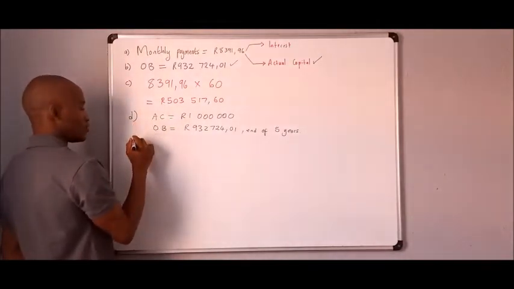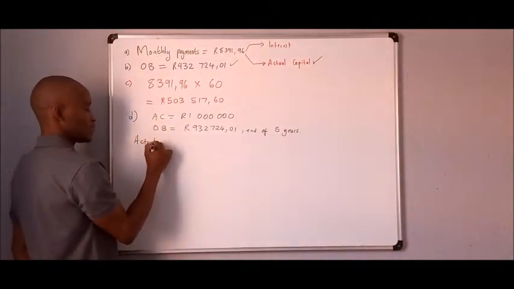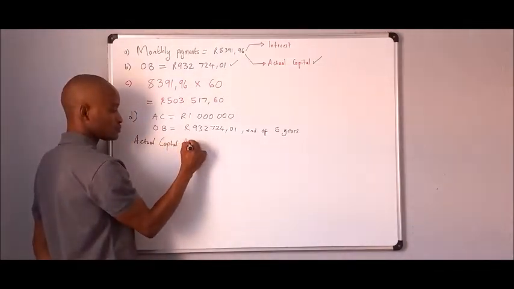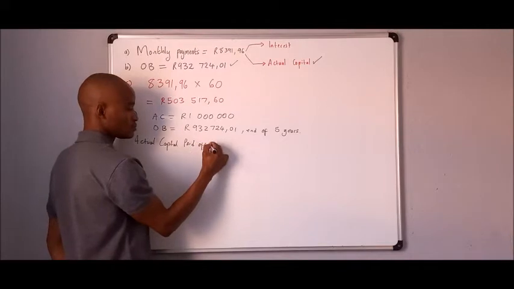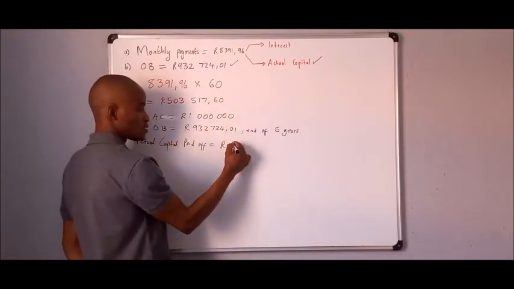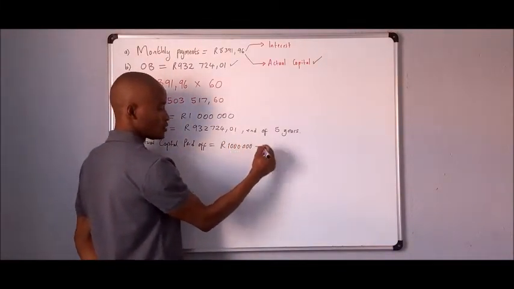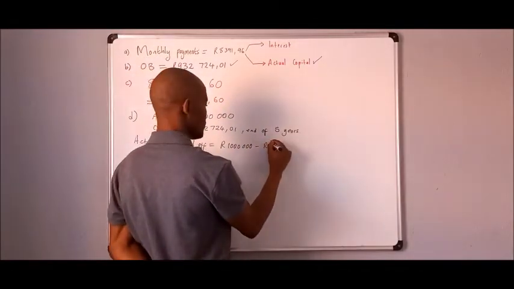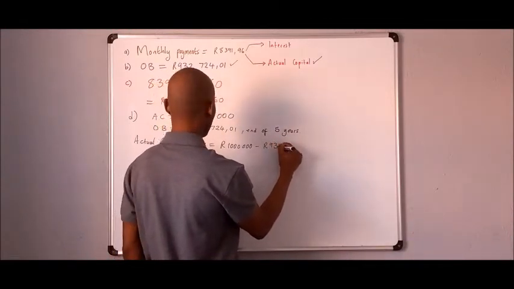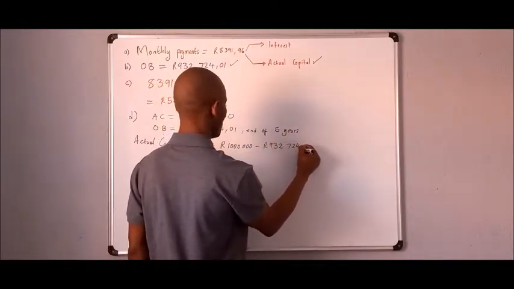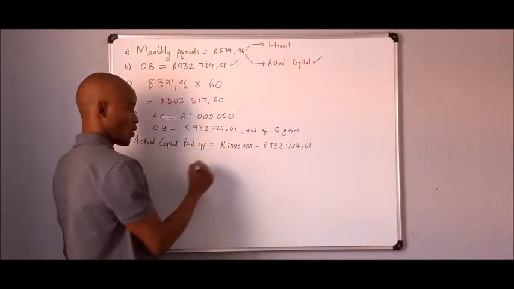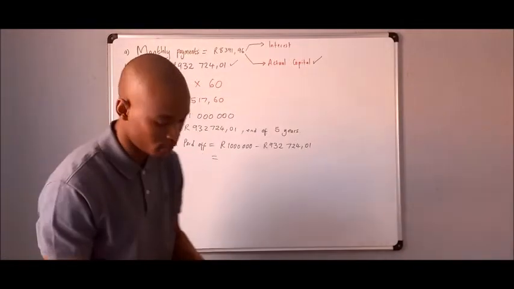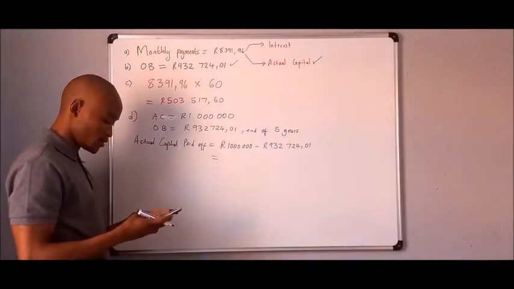So AC, the actual capital paid off, is the original value of the loan minus the outstanding balance, 932,724 rands and 1 cent. And this gives us what? You can confirm it on your calculators.